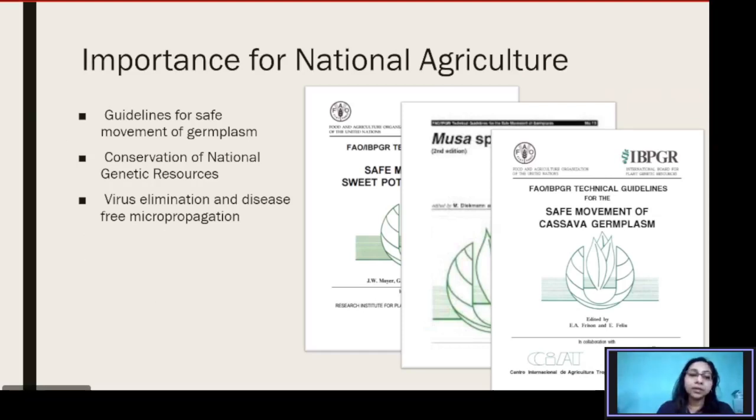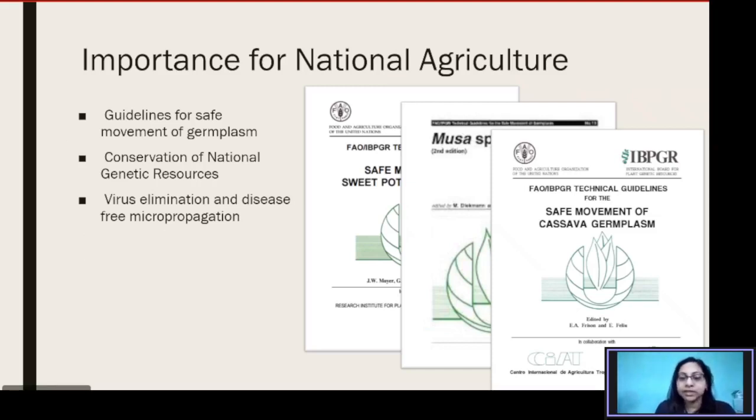And I spoke about virus elimination and disease-free micropropagation. This is where, if we have a disease that is plaguing a particular crop, research can be done to eliminate viruses within that crop and produce, again, disease-free material for use by farmers.